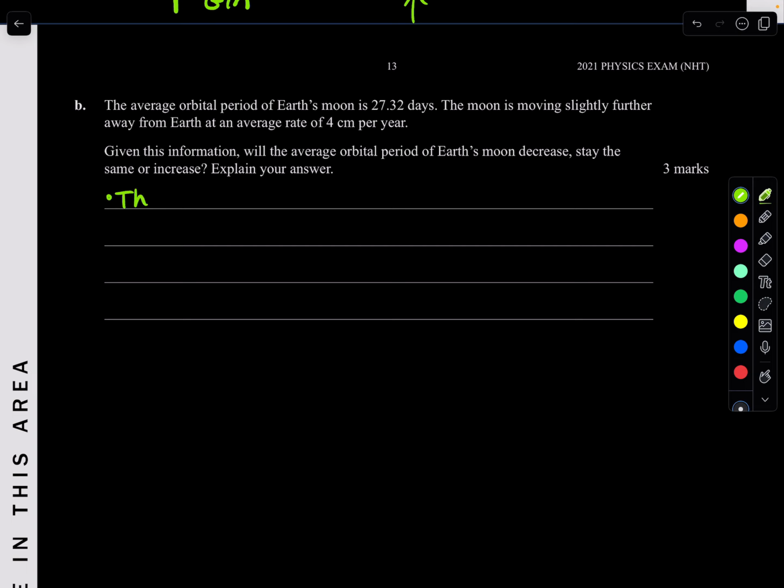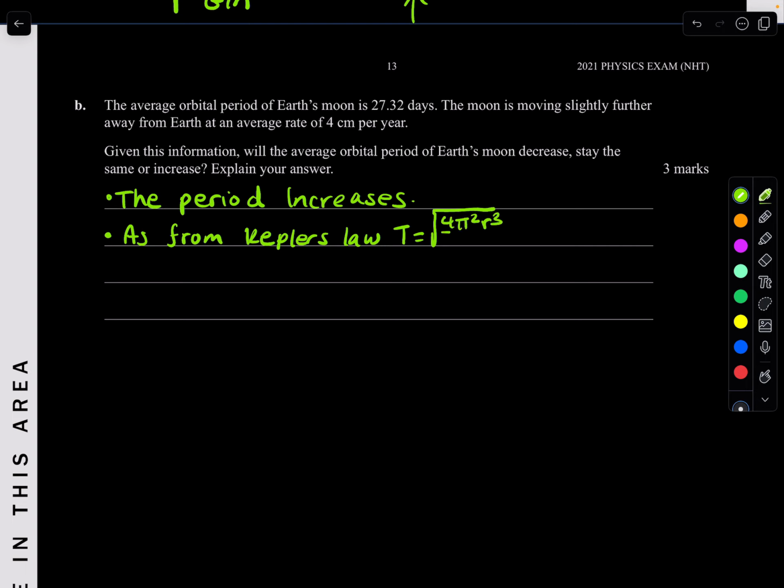So the period increases. And so from Kepler's law, Kepler's third law, I think it is, T is equal to the square root of 4 pi squared r to the power 3 over GM, where T is proportional to the square root of r to the power 3.